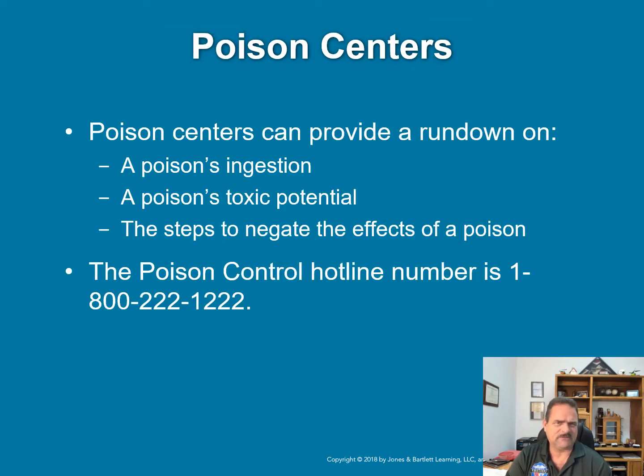All right, so poison control centers. Poison control centers can provide specific information on a lot of different topics. The telephone number is 1-800-222-1222. It can provide a rundown on poison ingestion, a poison's toxic potential, and the steps to negate the effects of poison. There are also electronic resources. There are mobile device apps such as Hippocrates that can assist with pill identification.